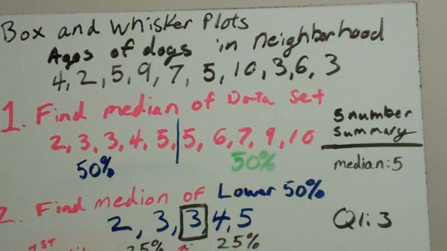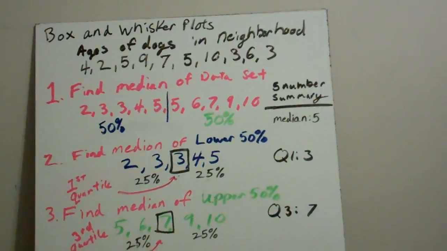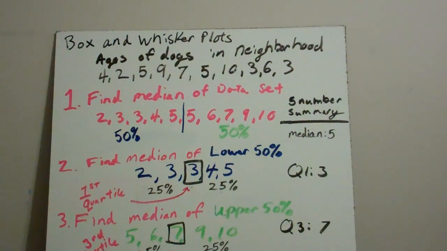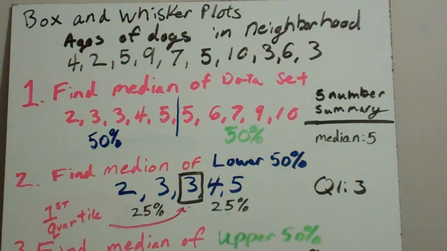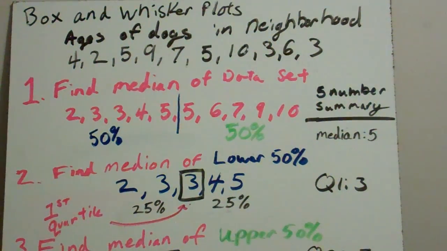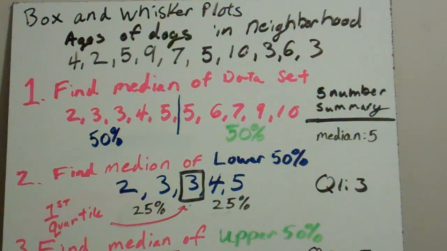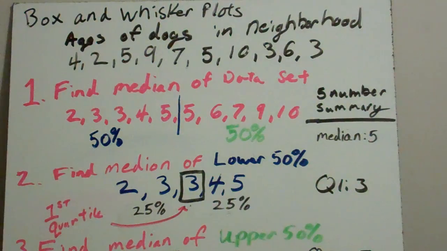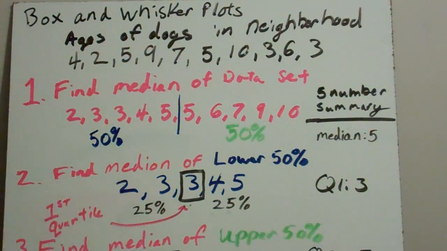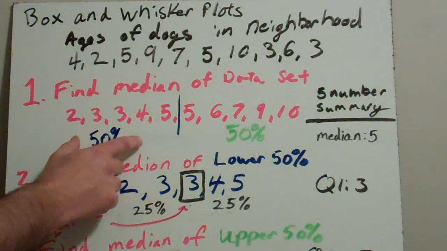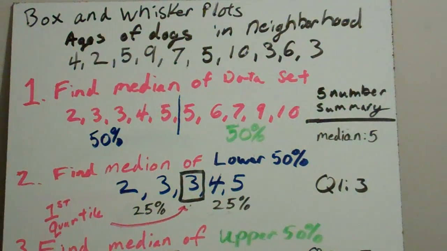And so we're going to indicate that on the right-hand side there with a Q1. Okay? And that is a 3. Now if you look here, I've got 25% and 25% there. I've taken my lower half of the data and broken it up again.